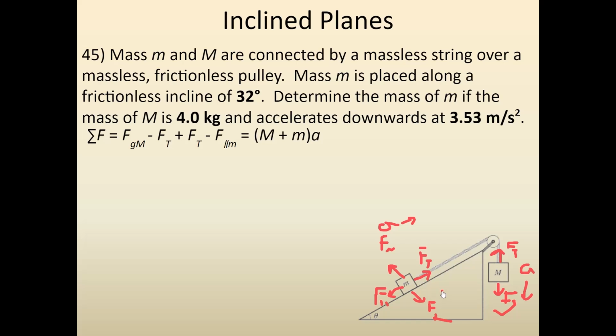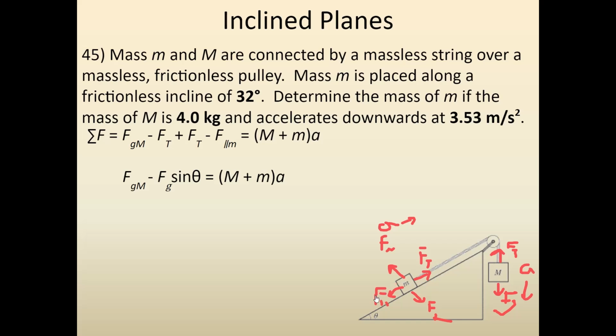In fact, what I can do now, if I really wanted to, is just turn this into a standard modified Atwood machine. Don't worry about this being on an incline, just flatten it out, keeping these forces in their directions, perpendicular to the surface and parallel to the surface. And we'd end up with a modified Atwood machine with the exact same answers. So that's what we're going to do here. We have the Fg of this block going down, positive. This FT is negative. This FT is positive.